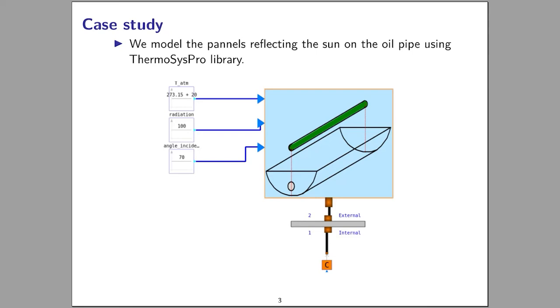These inputs arrive in the model of the solar collectors, and underneath we can see a heat exchanger wall linked to an infinite source of temperature, which mimics an infinite flow of oil through the pipe. So here's the model we're going to deal with.